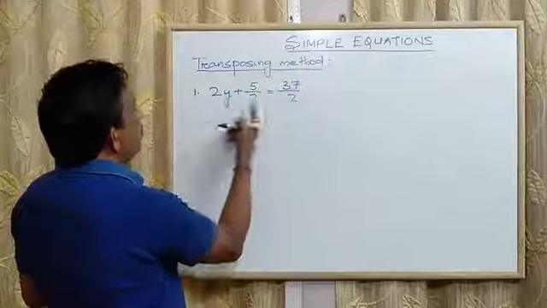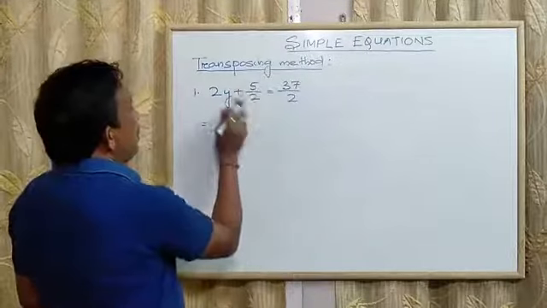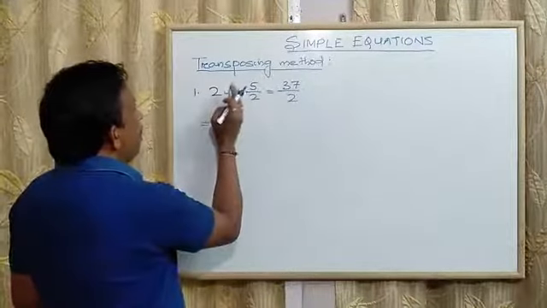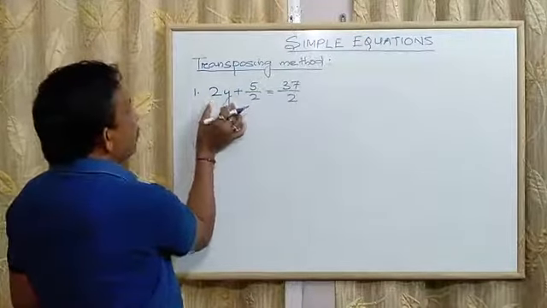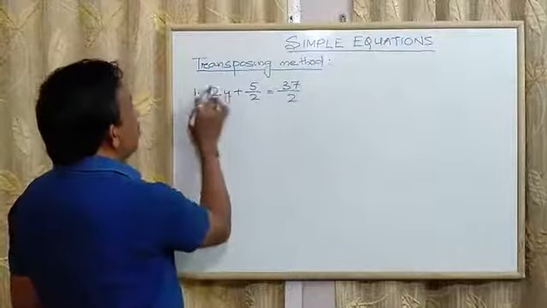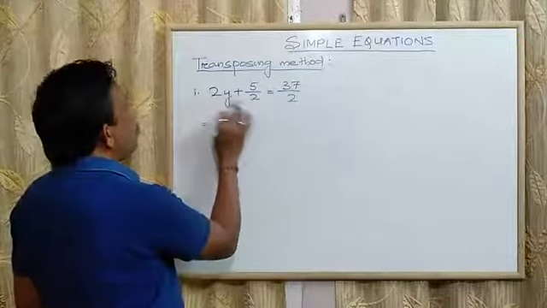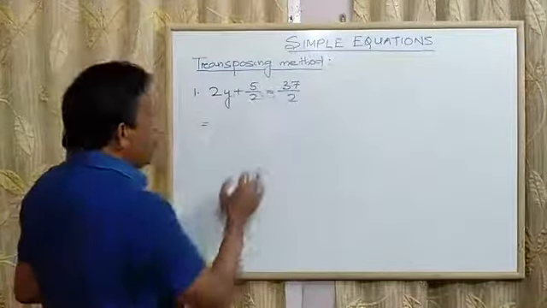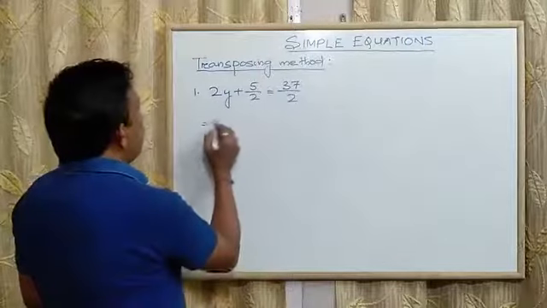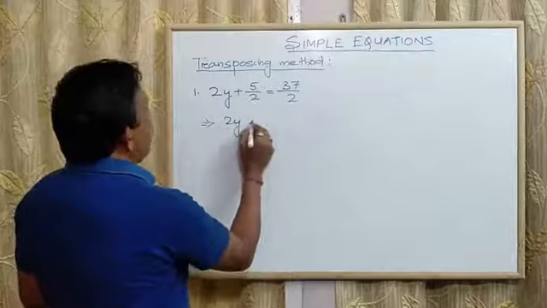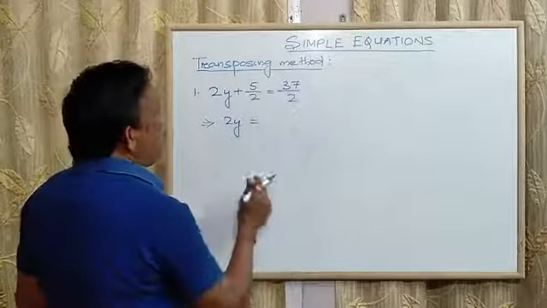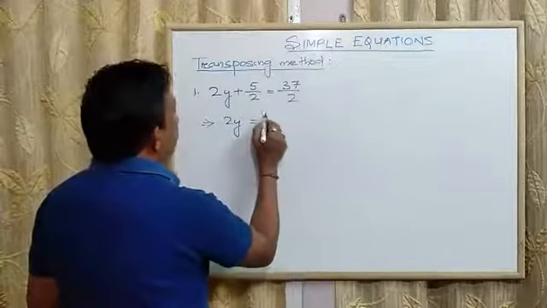Now how will we solve it? At first we'll see 5/2. If we separate this from the term 2y, and then remove the 2 from here, leaving only y on one side, we will get the answer. So 2y is equal to 37/2, which is already on the right hand side, so it will not change.